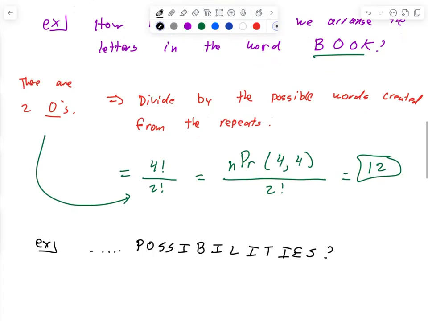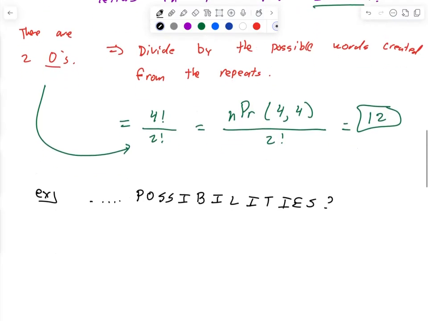How many ways are there to arrange the letters in the word possibilities?